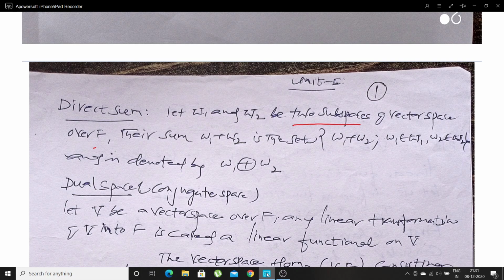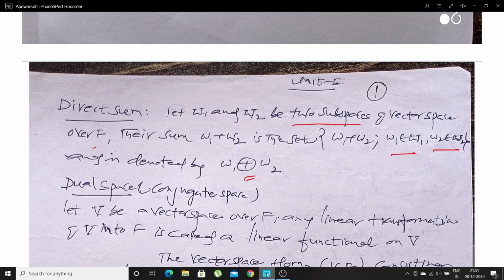It is a set containing vectors of the type W1 plus W2, where W1 belongs to subspace W1 and W2 belongs to subspace W2. We denote it by W1 with a plus inside a circle, which indicates the direct sum of the two subspaces W1 and W2.